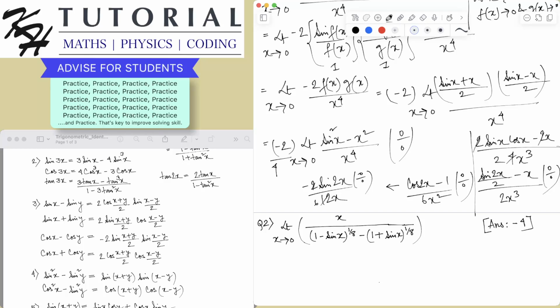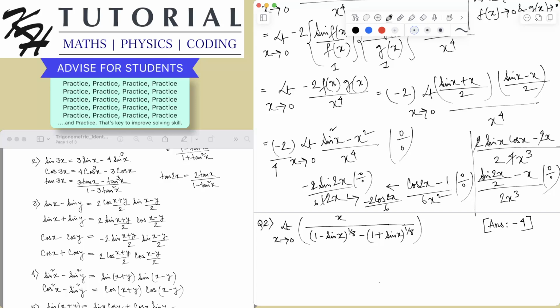So if I apply L'Hopital's rule one more time, I am really sorry for my congested solution, I will get minus 2 cos 2x divided by 6.